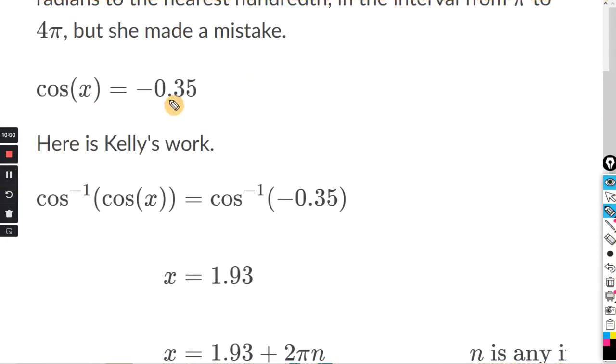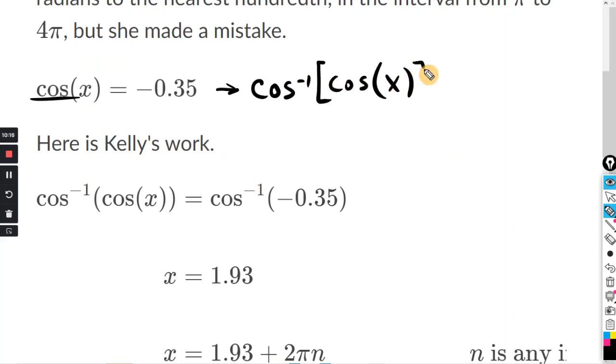Anyhow, right here, in order to solve for x, you need to do inverse cosine on both sides. Okay, so we're going to do inverse cosine of the cosine of x. And we're going to do inverse cosine of negative 0.35.